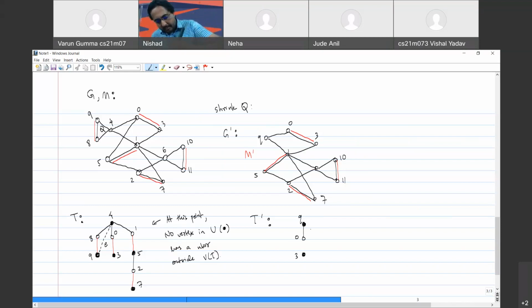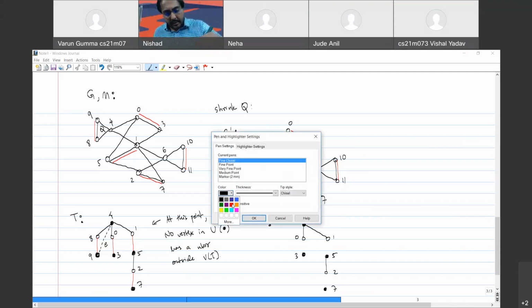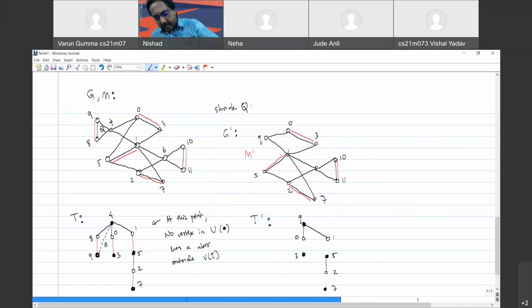Q to 1, 1 to 5, 5 to 2, and 2 to 7. And let me now put the red colored edges. Observe that these red colored edges are exactly the red colored edges in M prime. They are also red colored in M prime, right? So they are edges in M prime. 0, 3, 1, 5, and 2, 7.